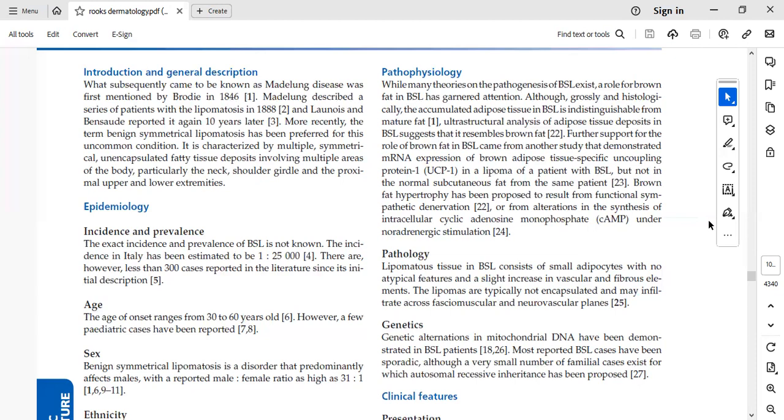This is an important point: the lipomas in BSL are typically not encapsulated and may infiltrate across the fasciomuscular and neurovascular planes.